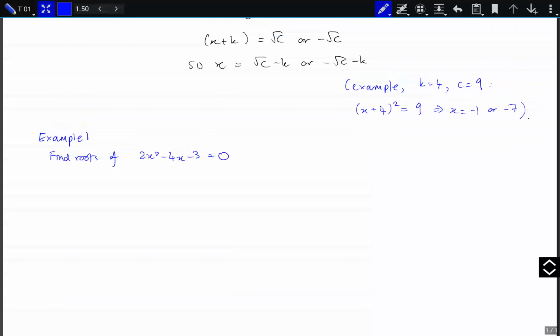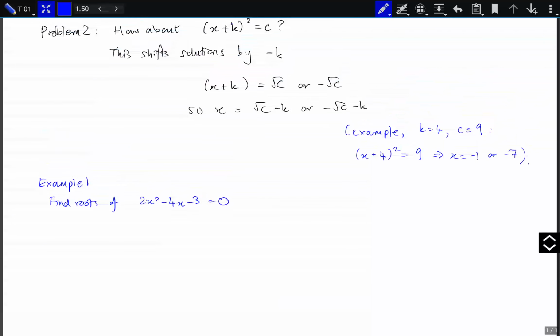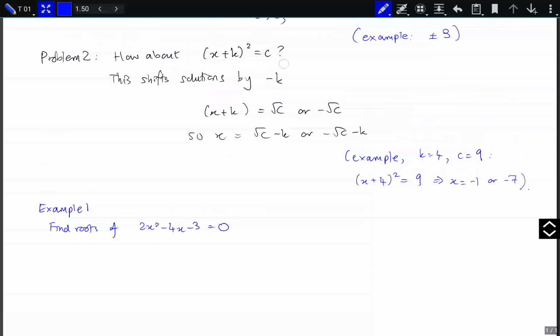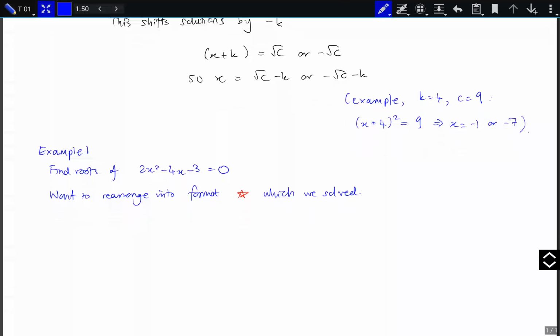We already solved this x plus k all squared equals c. So we solved that already, so let's try that.